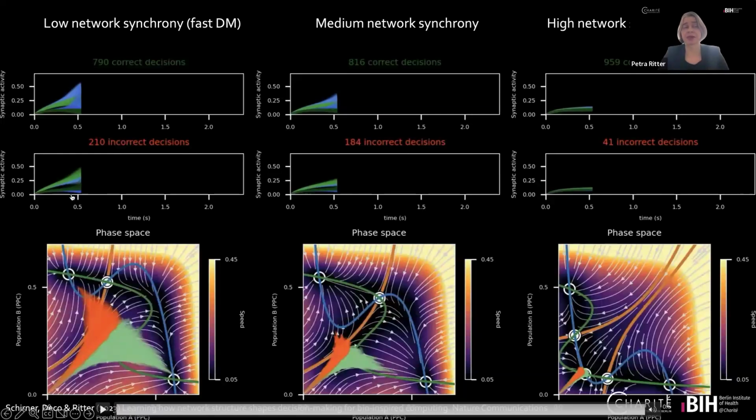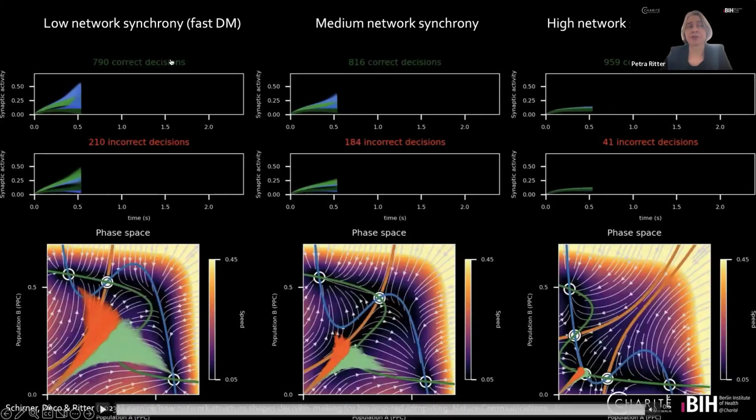This is the status at 0.5 seconds, and we see 1,000 trajectories shown here in red and green, colored according to the decision made either for A or for B. So the axes here are the activity in population A and the activity in population B. And you see here the flow fields. These are the arrows that lead to attractors or fixed points that are indicated as these little balls.